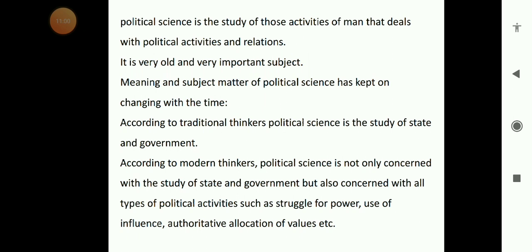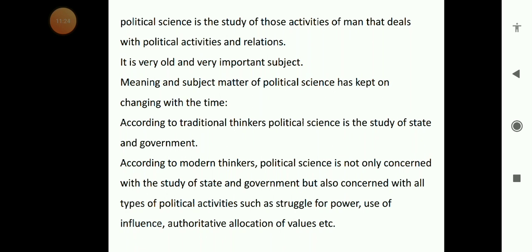So if we talk about political relations here, political science is the subject that studies the political relations, the political behavior of man. Political science is the study of those activities of man that deal with political activities and relations. It is a very old and very important subject.